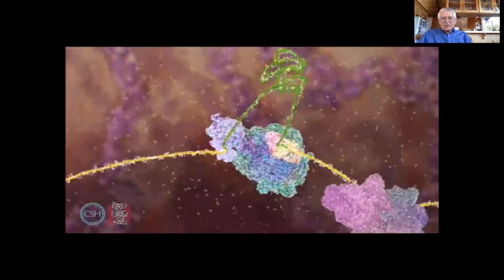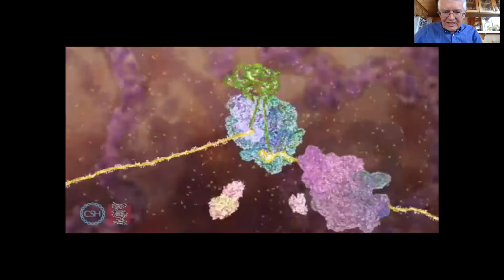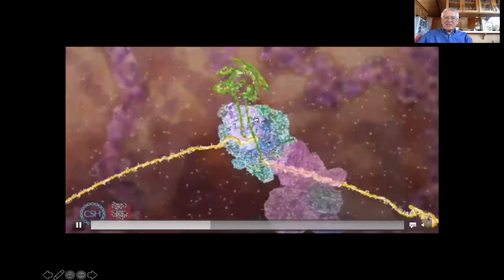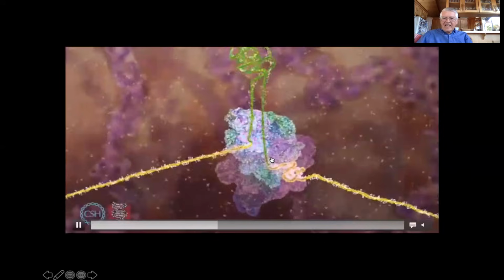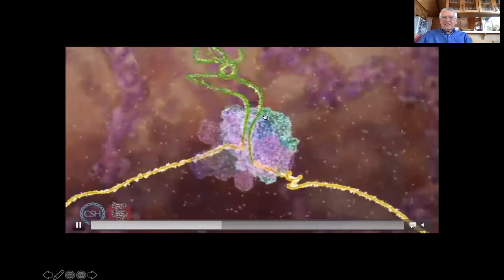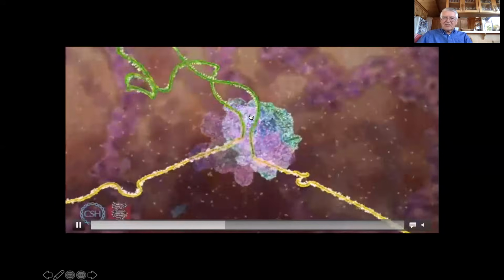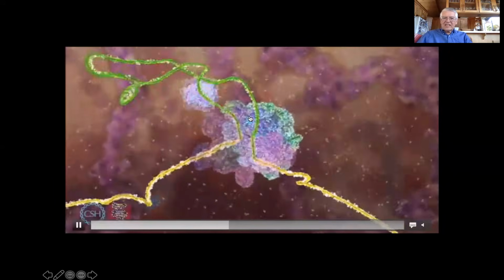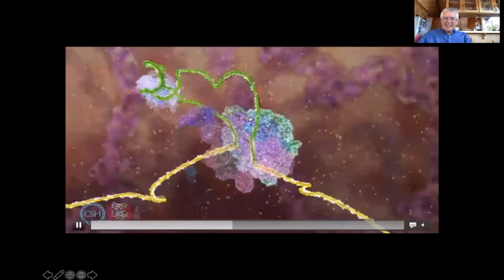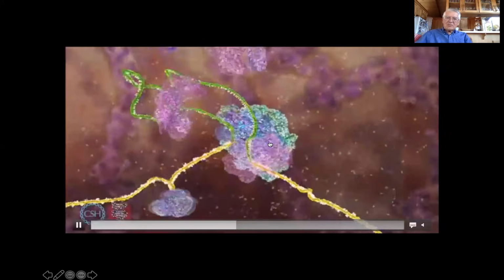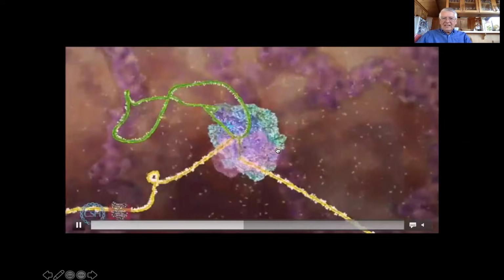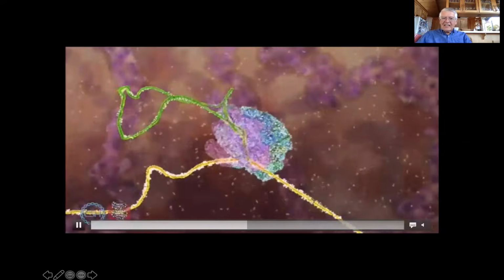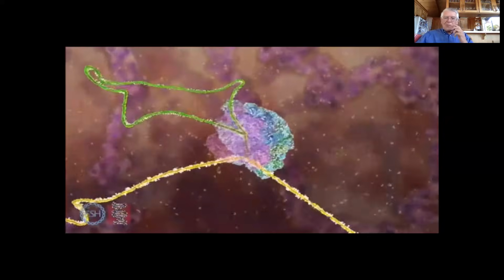Now, there's a real odd complexity involved here, and it turns out that some of this RNA can't actually be included in the final protein. It's called an intervening sequence, and it has to be edited and cut out. These proteins are recognizing the green part as a part that has to be edited out before we move on.